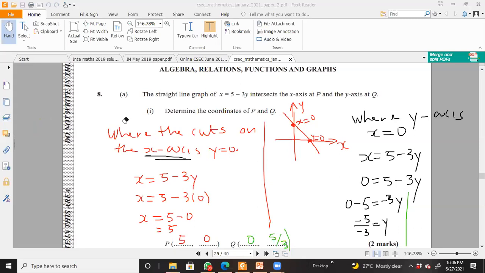So the part here, where x equals 5 minus 3, bracket 0. You get back 5. No, because 3 times 0 gives you 0. They left you 5 minus 0, which gives you 5.